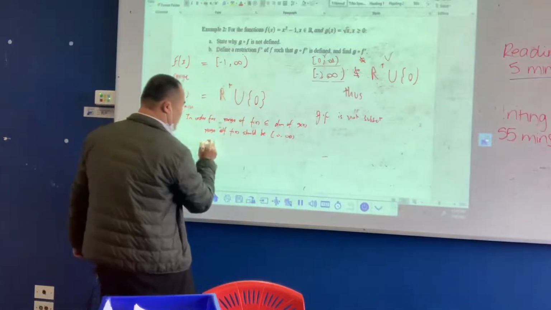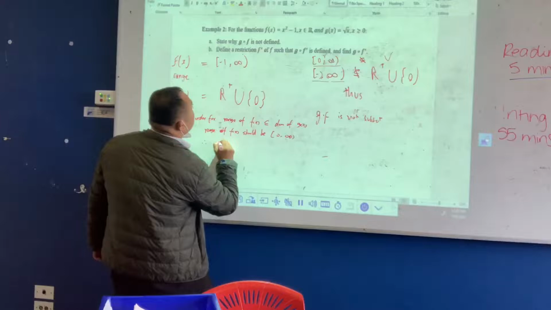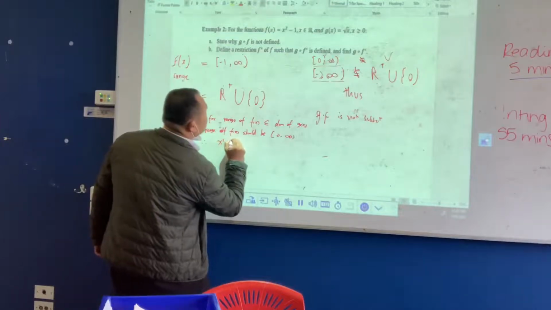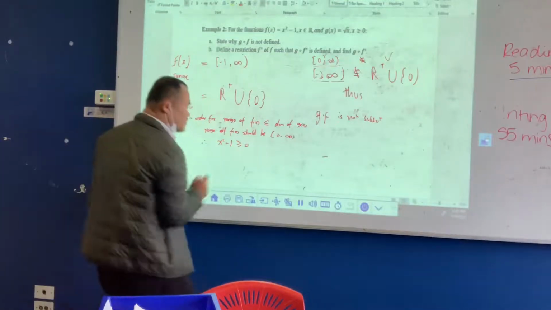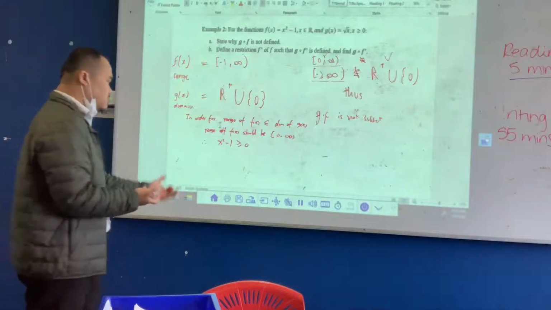Therefore, x squared minus 1 needs to be bigger or equal than 0. And then we can try to solve for that.